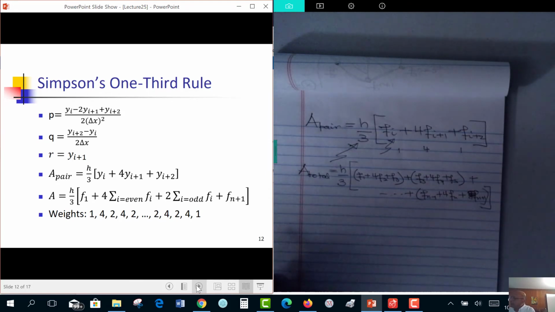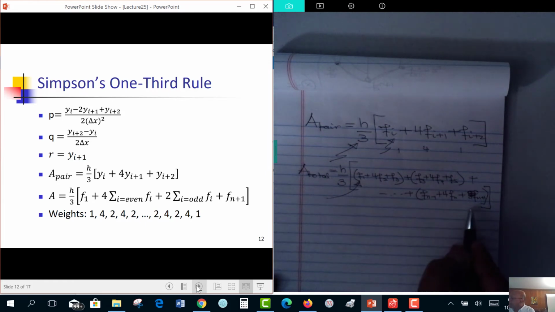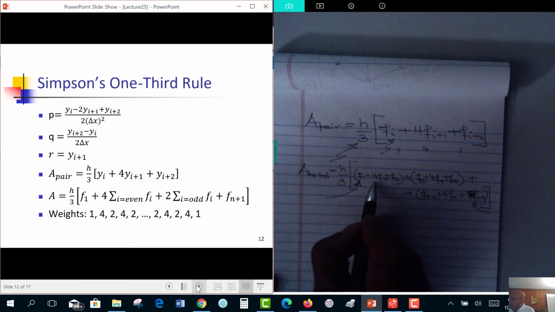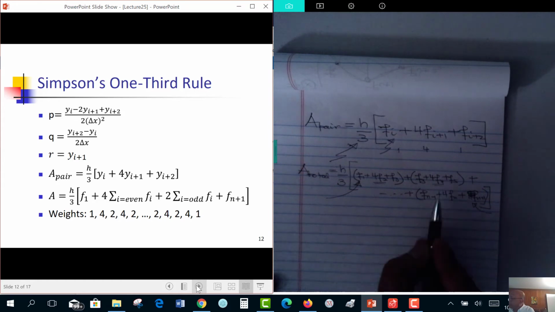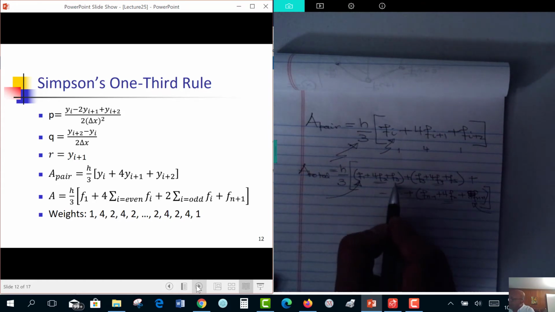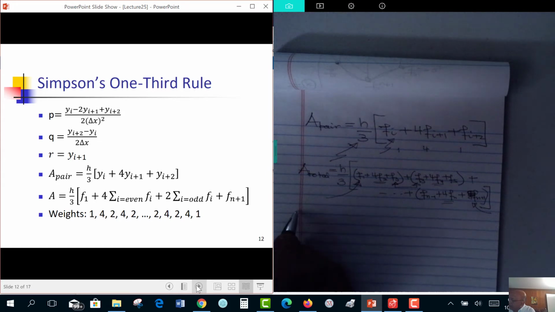One very interesting thing we see again is that the first function value and the last function value appear only once. The even numbered function values inside all have a weight of 4. Odd numbered values appear twice, so have a weight of 2. So we can write our formula.